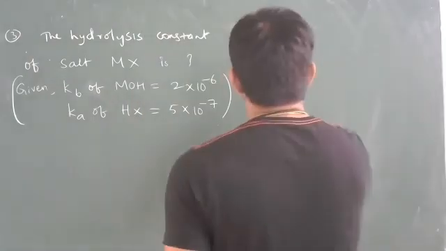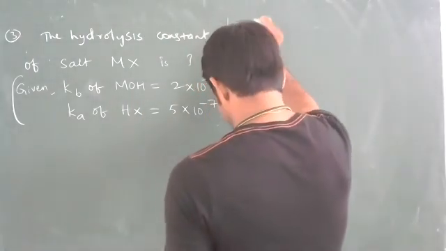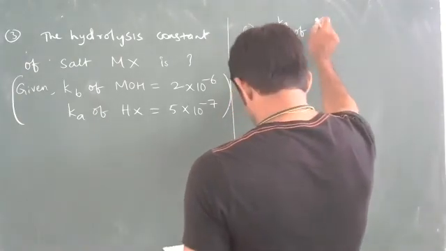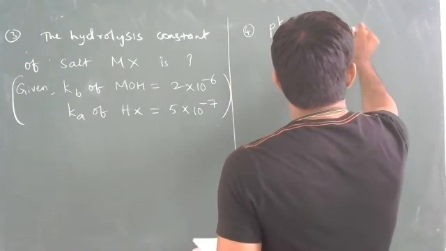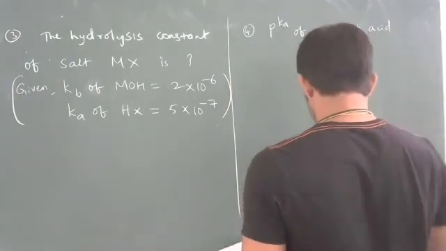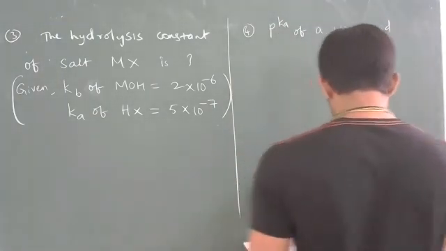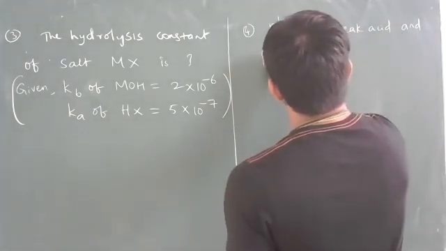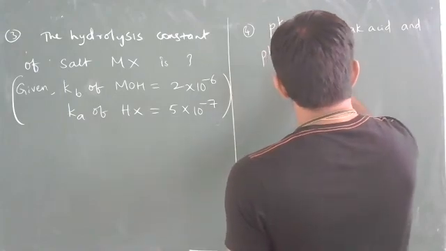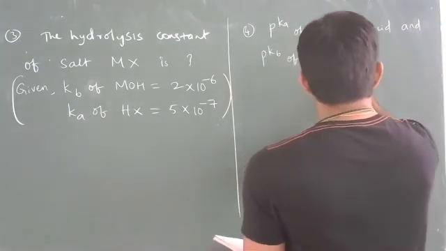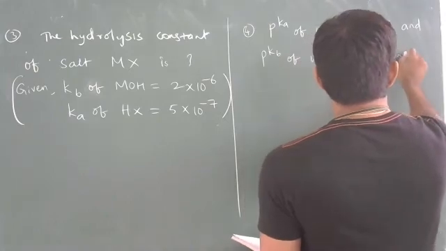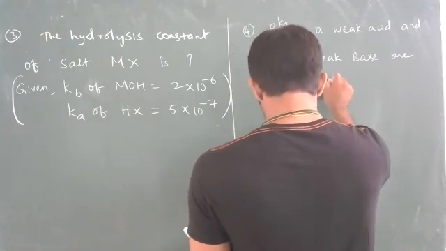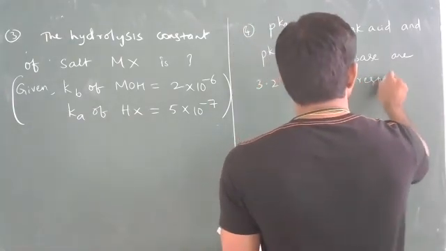Next, last problem. The pKa of a weak acid and pKb of a weak base are 3.2 and 3.4 respectively.